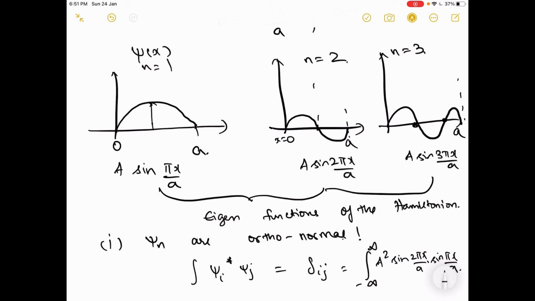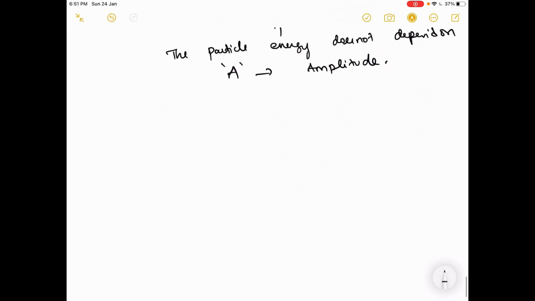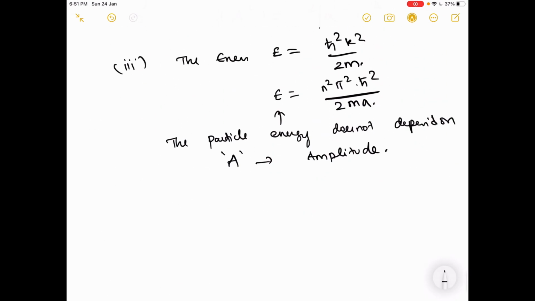Classically, the energy typically depends upon the amplitude, right? Whereas here it depends on the k and not on the amplitude. So this is a big departure from the classical case.